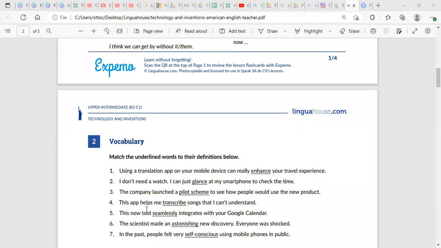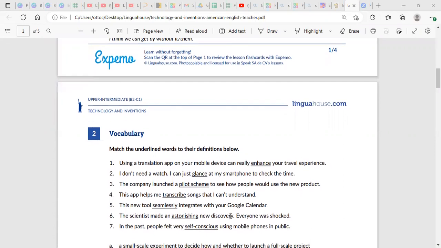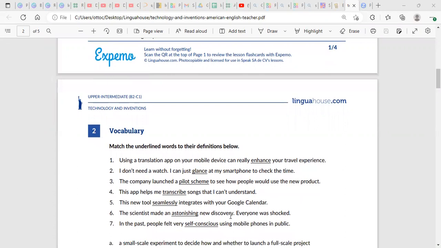Good. So, Marvin, please tell me what is seamlessly? Let me remember. Let me see. Something that is not noticed. That is not noticed, okay? Yes, seamlessly, perfectly, okay, smoothly.